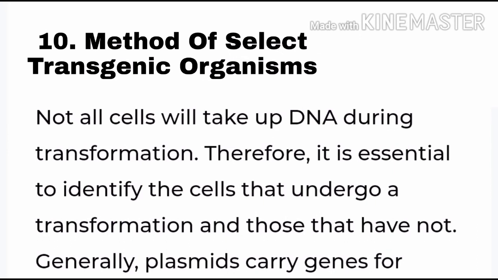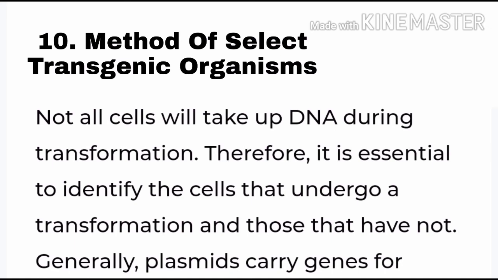Next, the methods to select transgenic organisms. Not all cells will take up DNA during transformation. Therefore, it is essential to identify the cells that underwent transformation and those that have not.